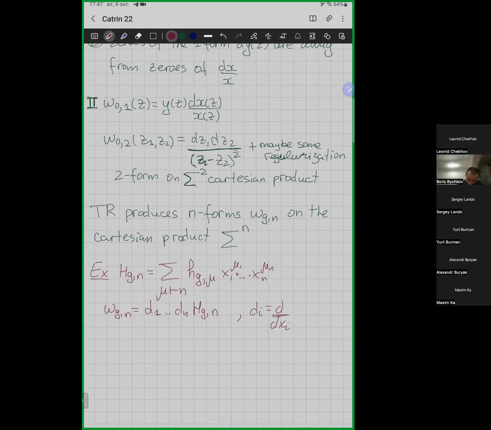H_{g,n} is a function. I mean, we obtain it as follows: mu1 x1 to the power mu1 and so on.